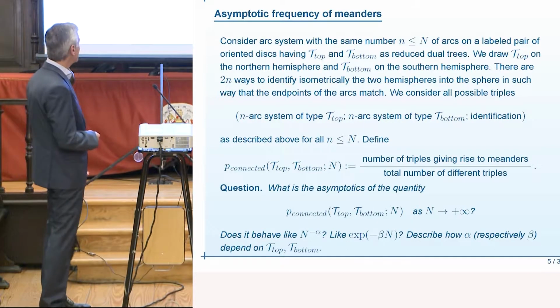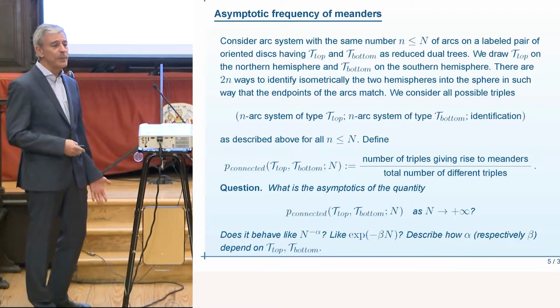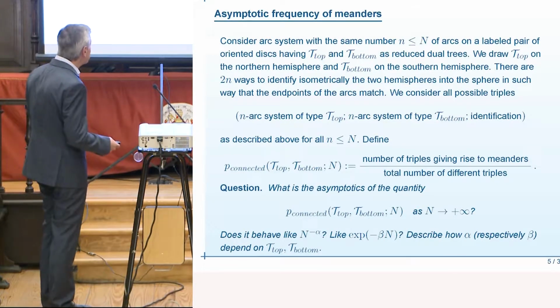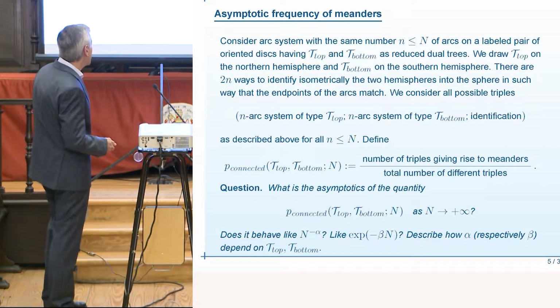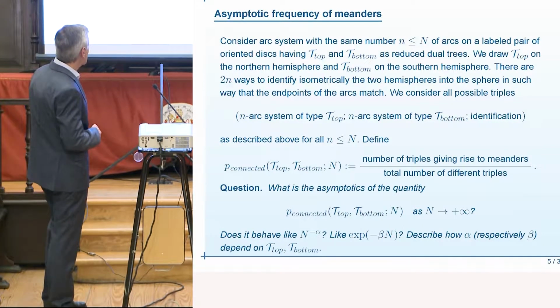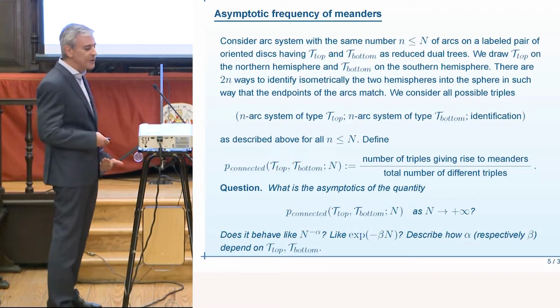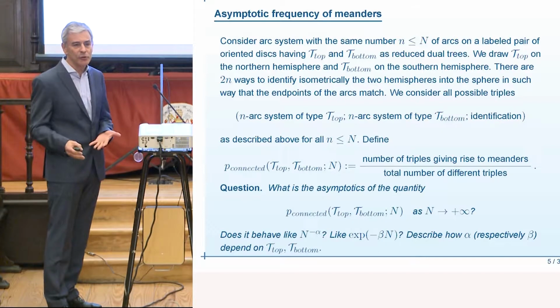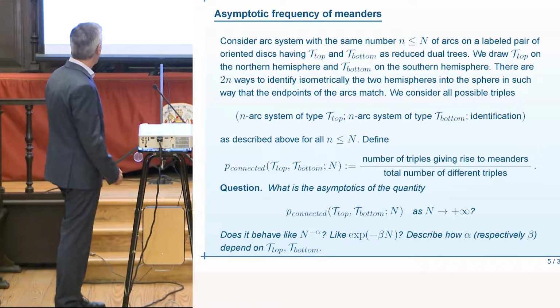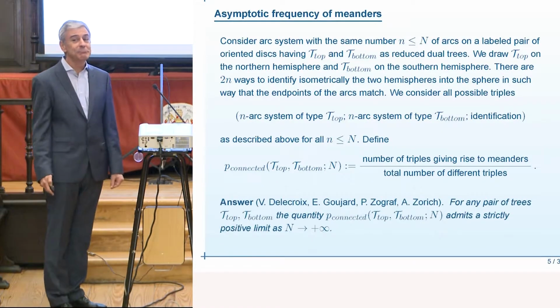So the question is what one is supposed to expect from this probability. Does this probability tend to 0 as a power function, as an exponential function, and if it's a power function, then what is the exponent depending on, combinatorics and so on? So any guesses?